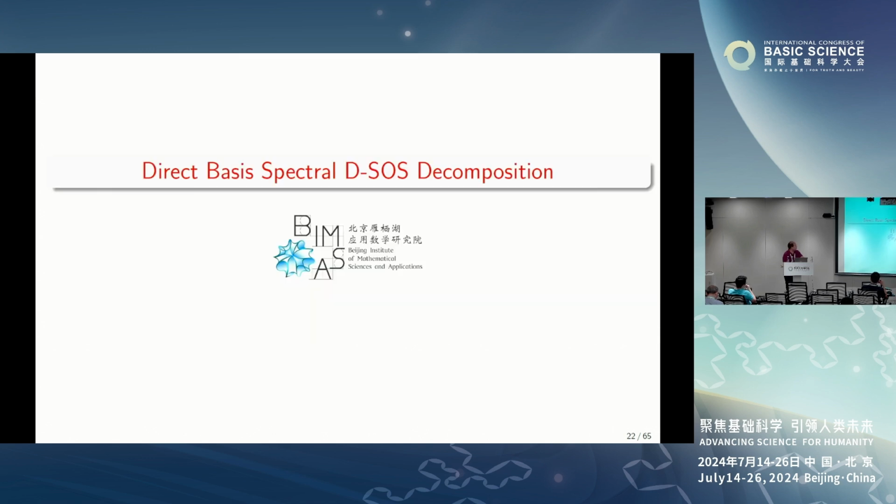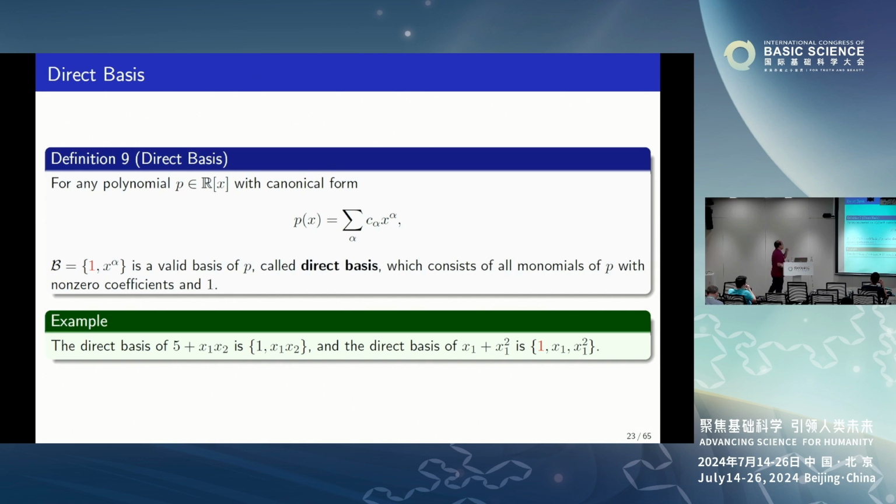Okay, the first, direct basis, is very trivial. The direct basis is defined like this: a polynomial P we write as a sum of some monomials. We collect all monomials into one set V, and if there is no constant part, we add 1, then this is the basis. Okay, why is this a basis? Because here's the example.